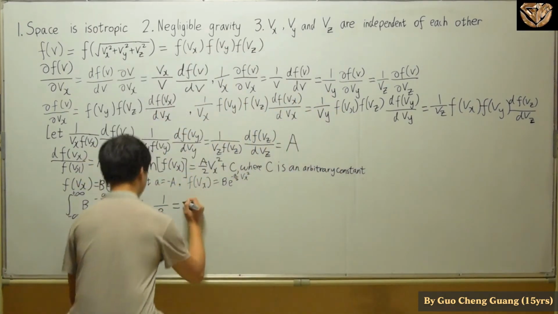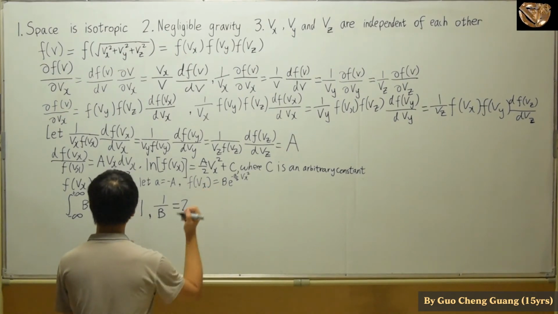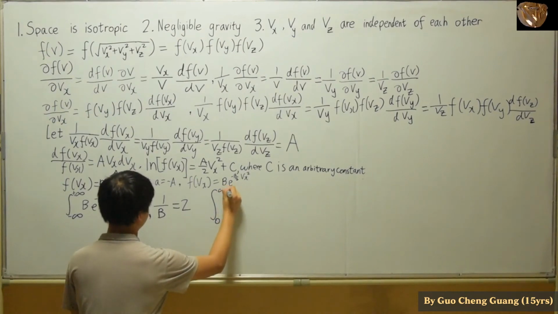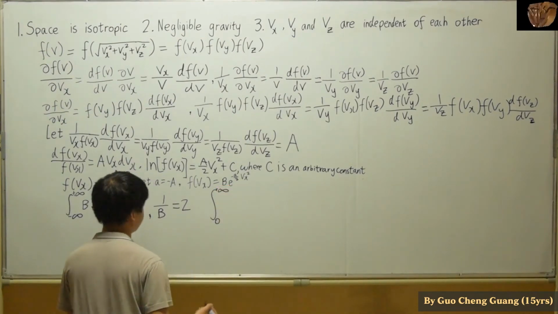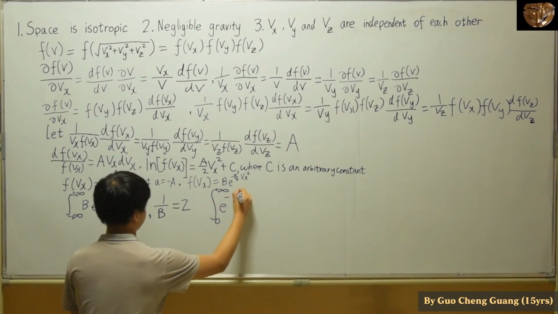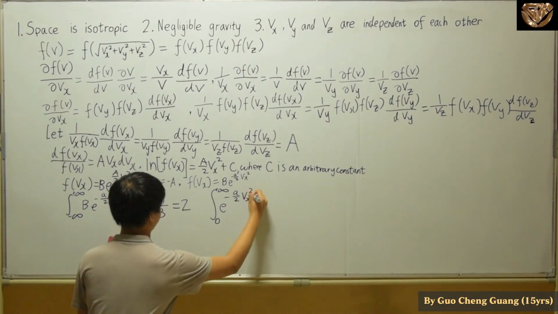So this is equal to 2, and now 2 what else? I'm going to leave a blank over here, and this is 0 to infinity, positive infinity if you really want to insist. Then e to the power of negative a over 2 vx squared.